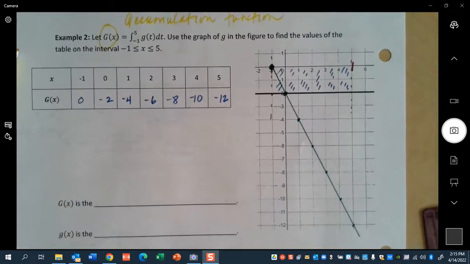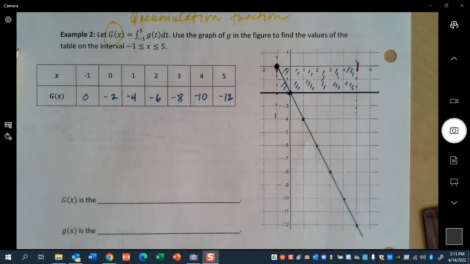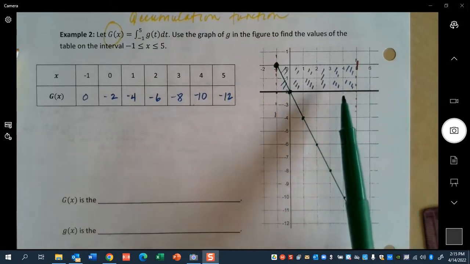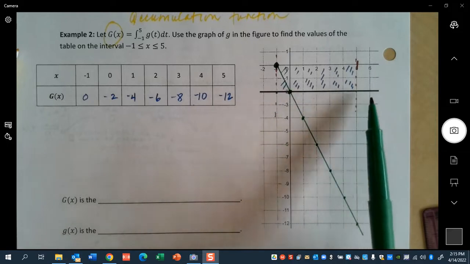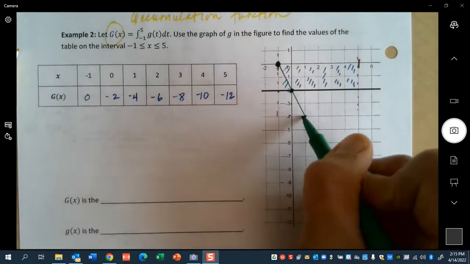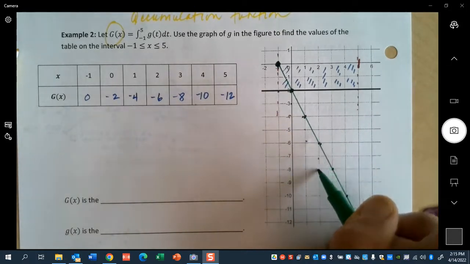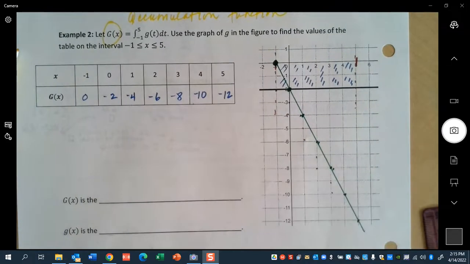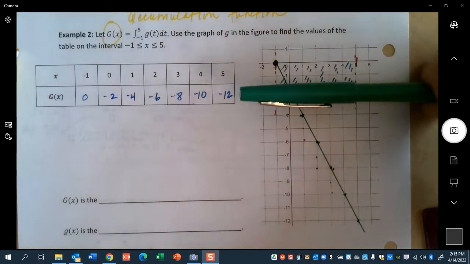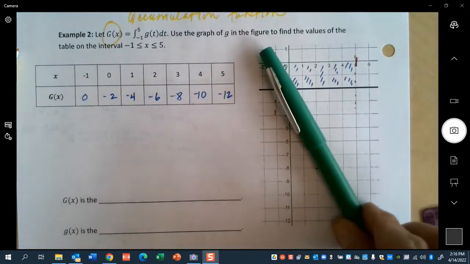Would you call that a positive or a negative slope? Would you call it a constant rate of change? Do you see how this here is a negative constant rate of change? Do you see down 2 over 1, down 2 over 1, down 2 over 1? There's my rate of change. My rate of change is -2. That's my derivative of my original equation.